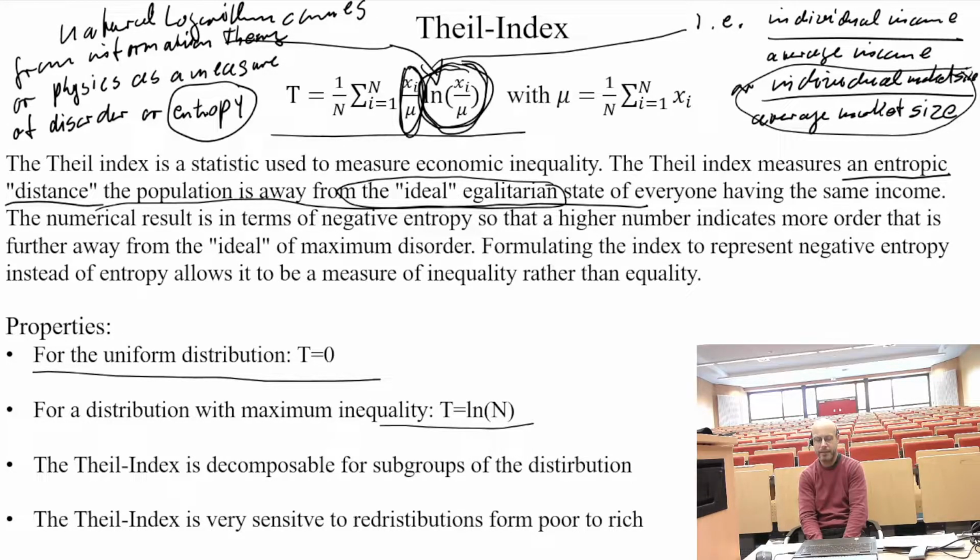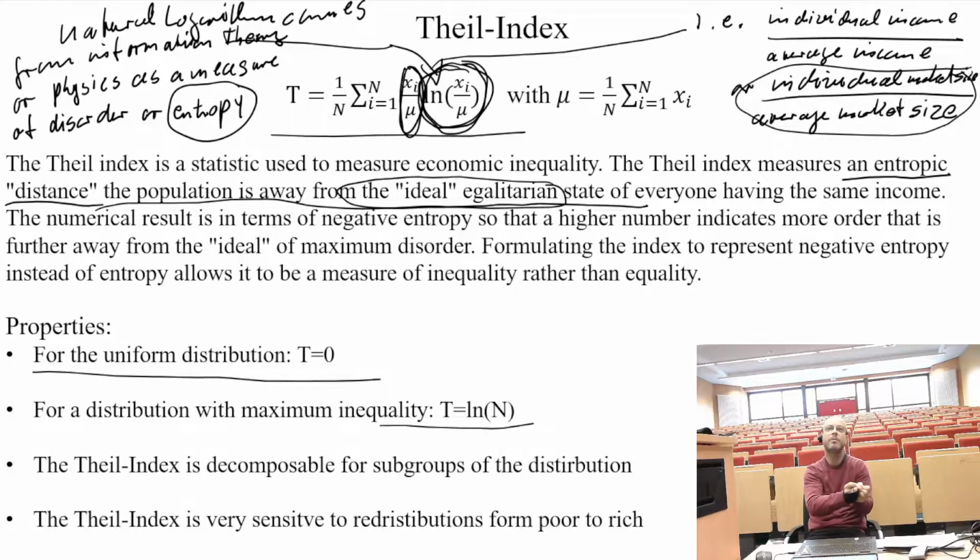What is a nice property? We won't show this in this lecture, but we can decompose this Theil index into subgroups. If you look, for example, at the income distribution of a country, you can calculate the total Theil index of the income distribution, and then look at the subgroup of the poor people.